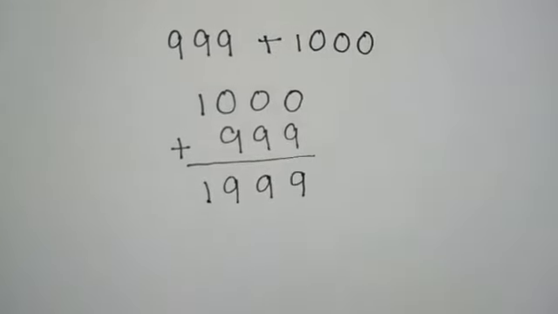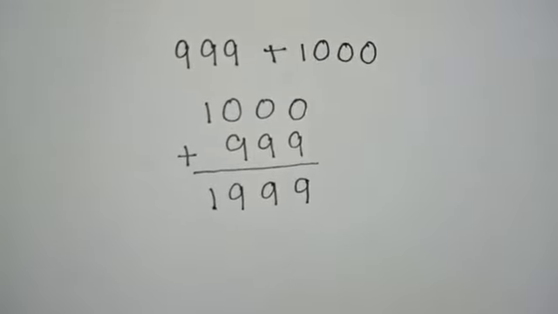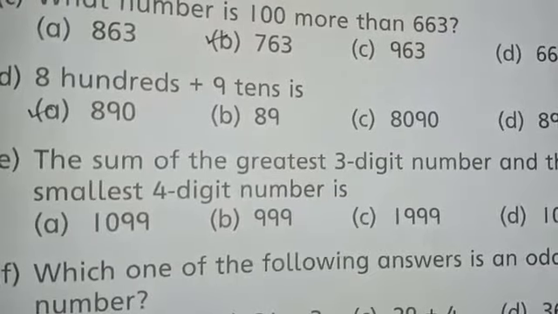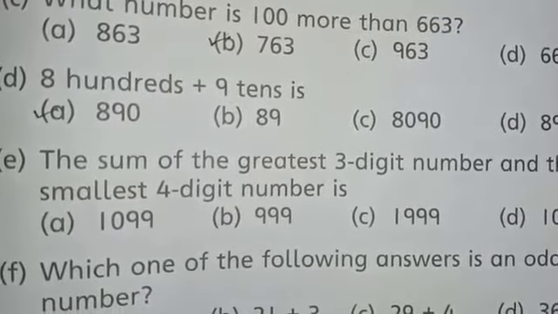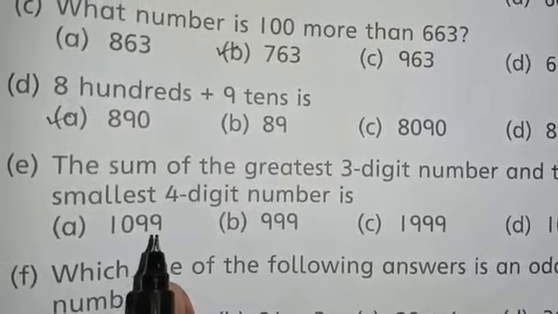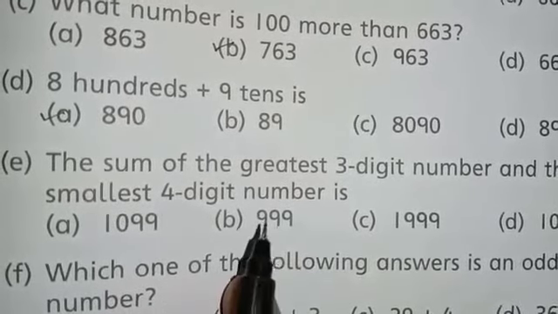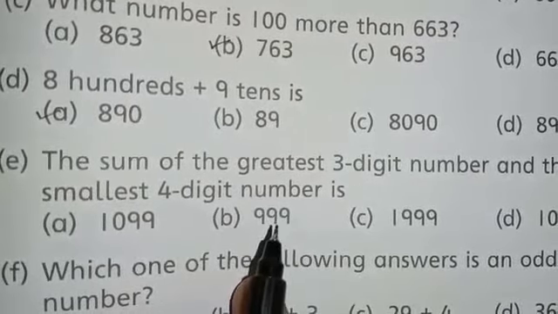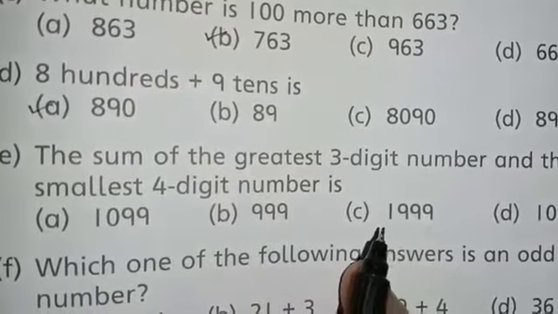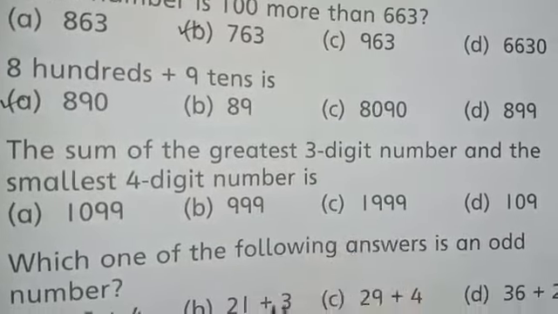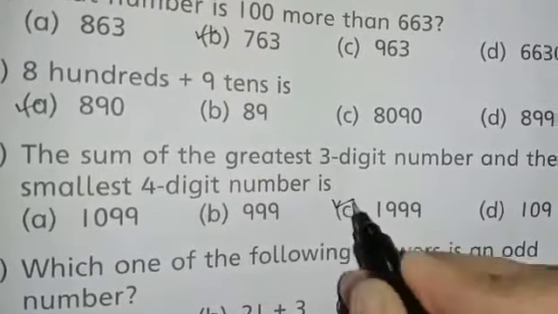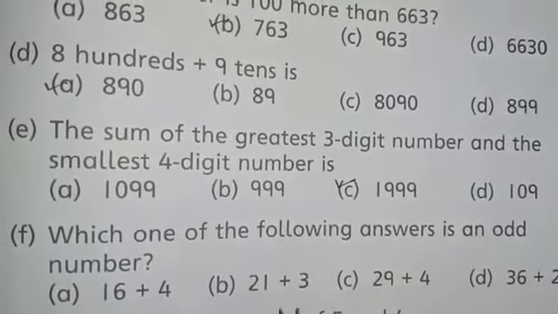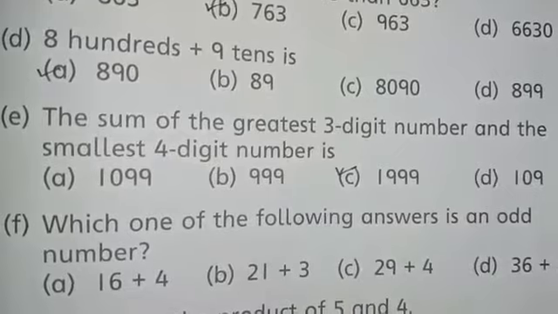So the answer is 1999. So which one is correct answer? Is it 1099? No. Is it 999? No, it's also false. Is it 1999? Yes, it's the correct answer.